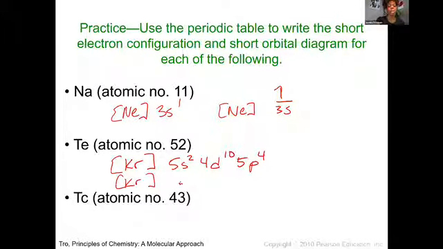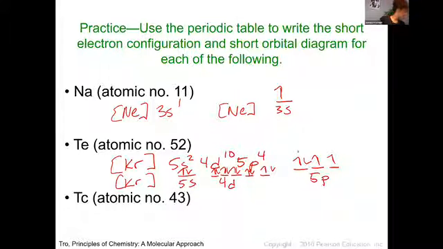But now we have 5s, 1 orbital, up and down, 4d, 5 orbitals, and we fill them all up, and then come back around, and then 5p. And we go up, up, up, and come back down.